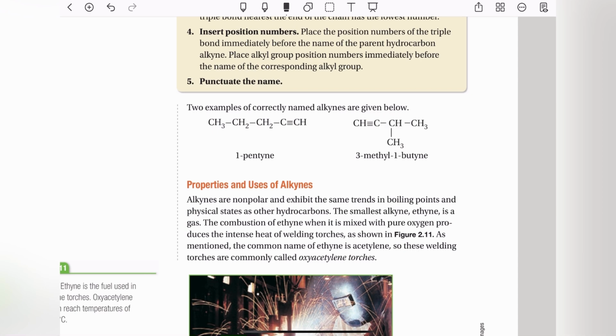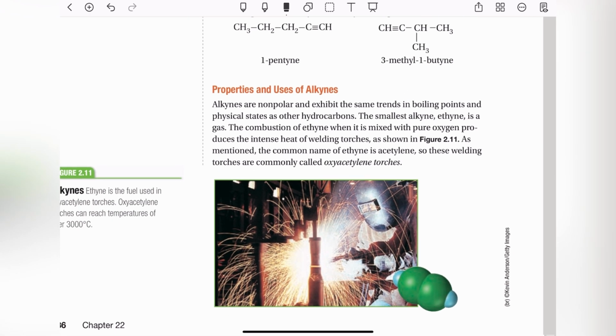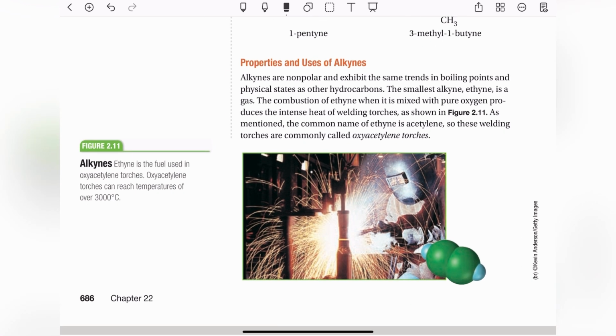Now let's look at properties and uses of alkynes. Alkynes are non-polar. Like I already mentioned in the previous videos, almost all hydrocarbons are non-polar. So alkynes, like most other hydrocarbons, are non-polar and exhibit the same trends in boiling points and physical states as other hydrocarbons.